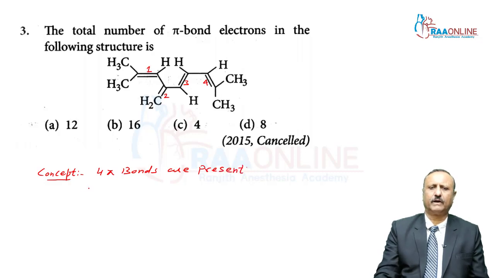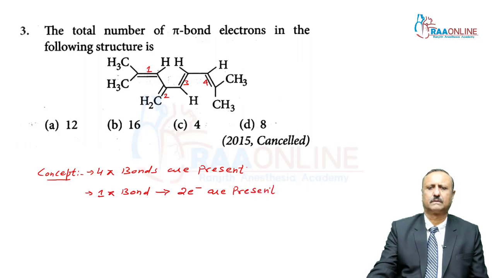Or in one pi bond, my dear students, 2 electrons are present. In one pi bond, 2 electrons are present.